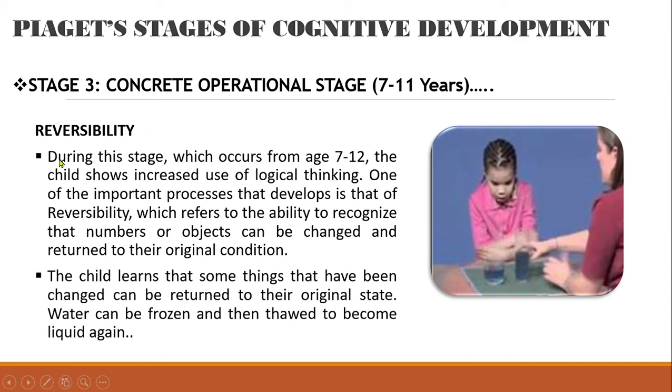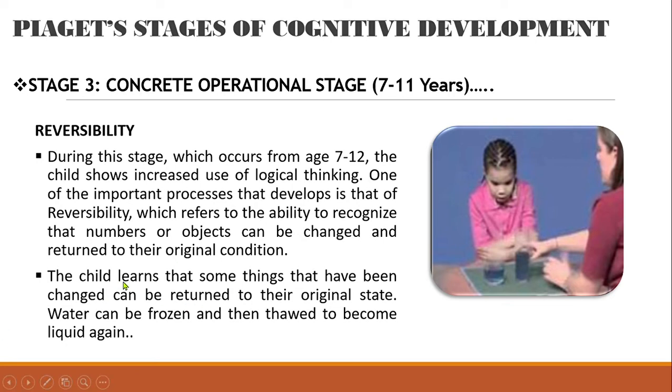So, reversibility. During this stage, which occurs from 7 to 12 years old, the child shows increased use of logical thinking. One of the important processes that develops is that of reversibility. Reversibility refers to the ability to recognize that numbers of objects can be changed and return to their original condition.